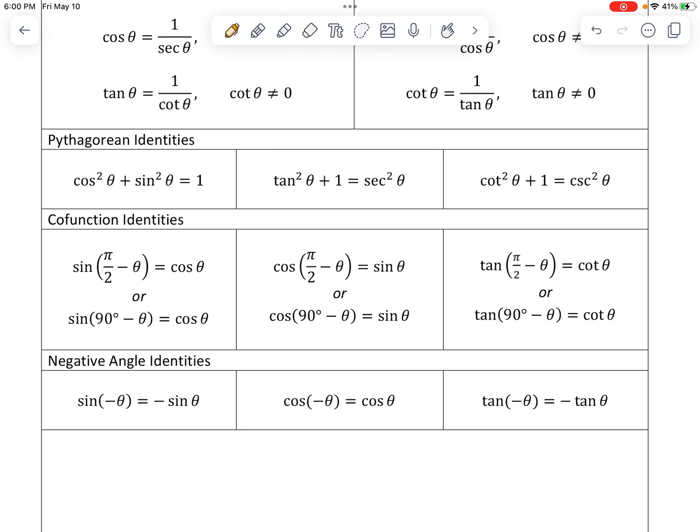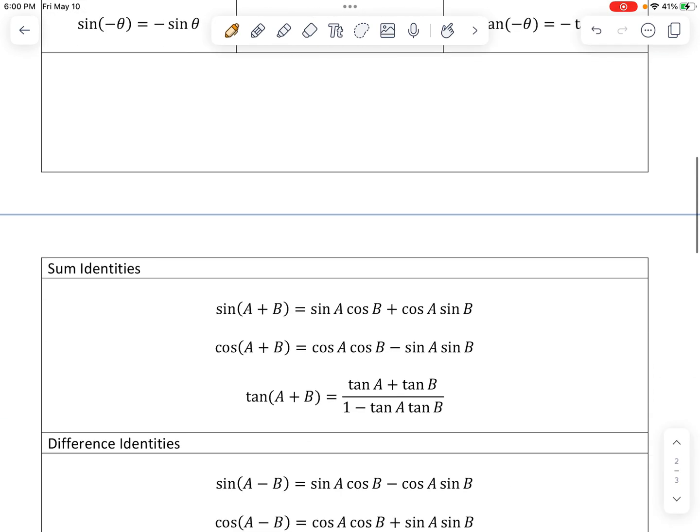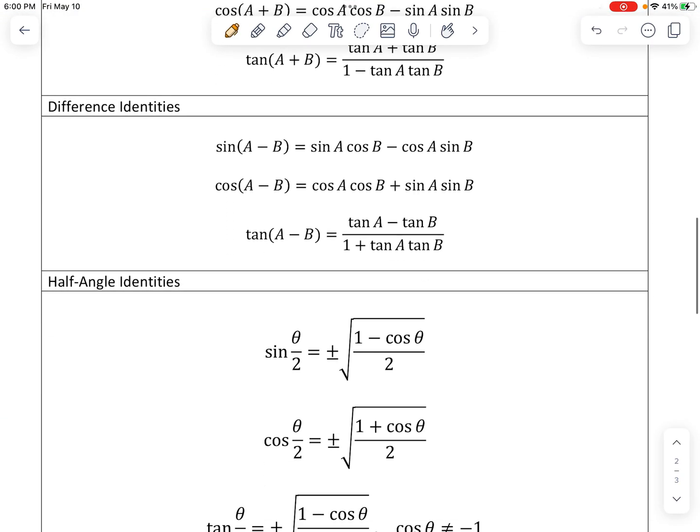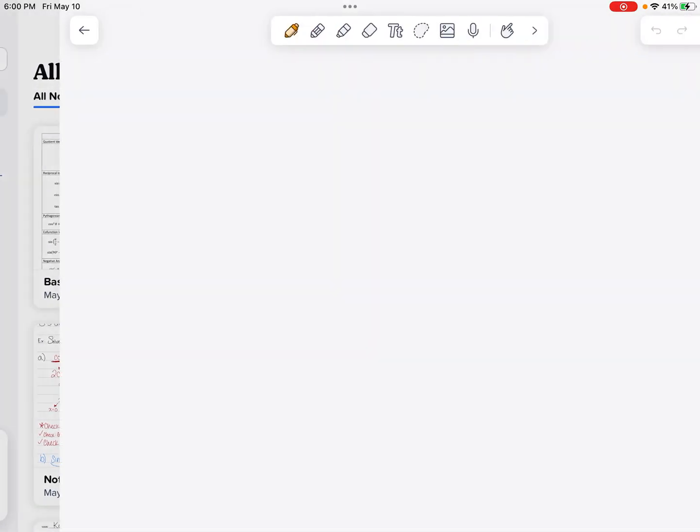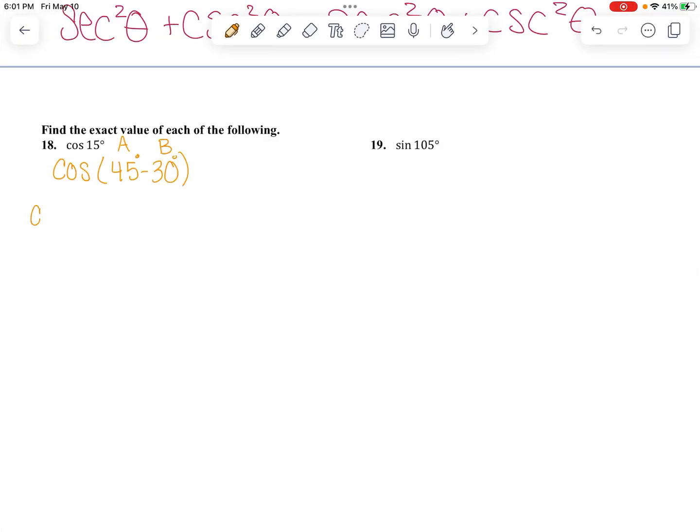The difference of cosine identity says cosine of A minus B is equal to cosine of A, cosine of B, plus sine of A, sine of B. So, cosine of A times cosine of B plus sine of A times sine of B.